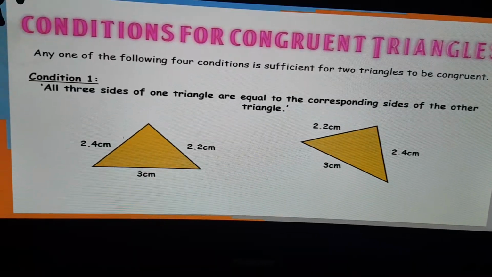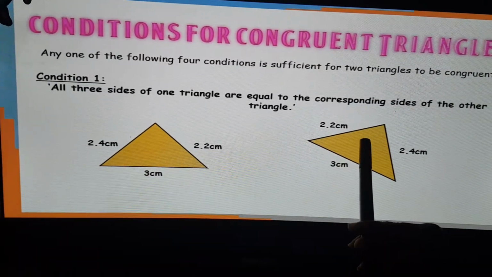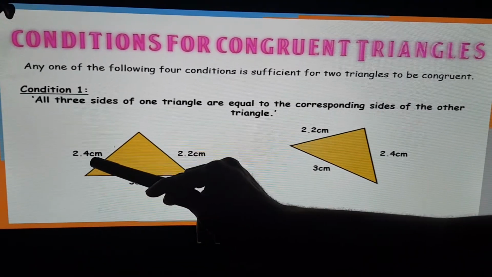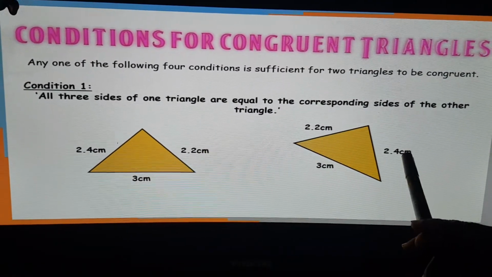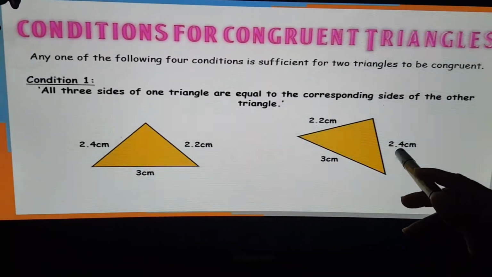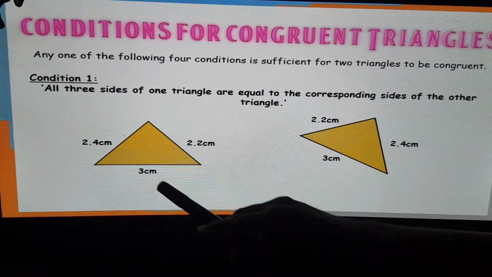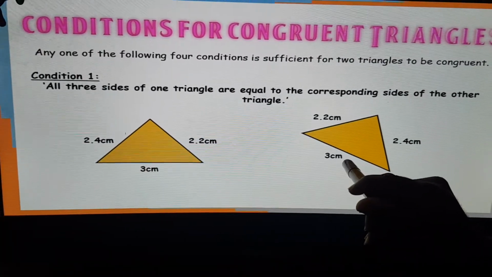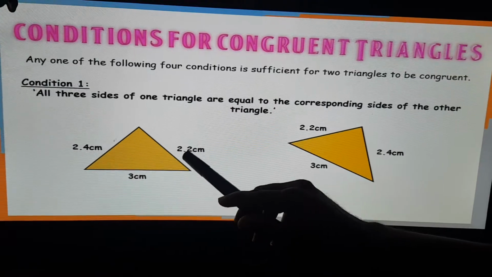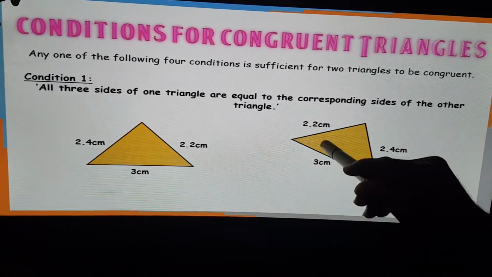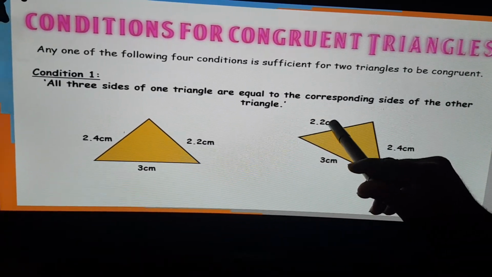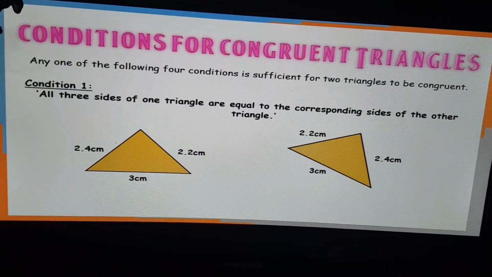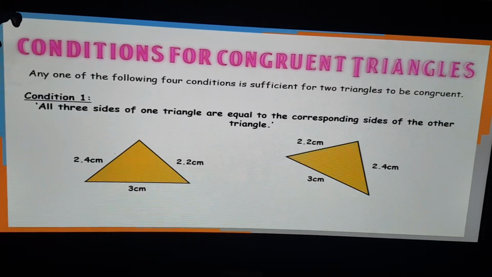Let's say 2.4 centimeters is equal to its corresponding side, 2.4 centimeters. 3 centimeters is equal to its corresponding side of 3 centimeters. And 2.2 centimeters is equal to its corresponding side, 2.2 centimeters. In this situation, we say that both triangles are congruent.